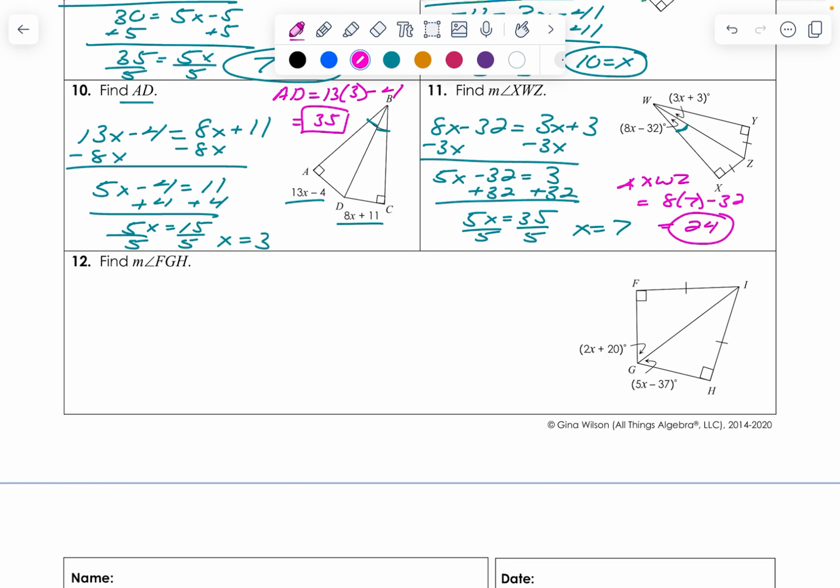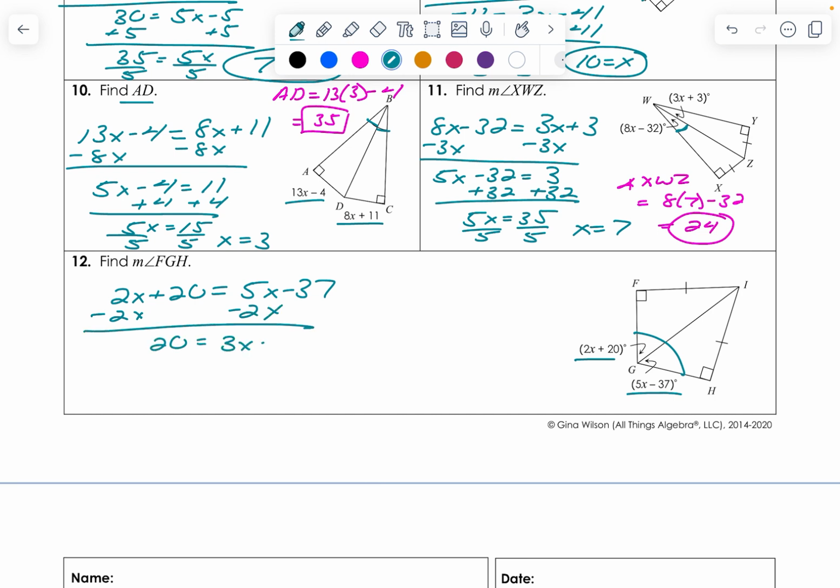And finally, FGH. Oh, we want to figure out this whole thing. But we know that these two are equal to each other because it's on the angle bisector. So 2x plus 20 is equal to 5x minus 37. 20 equals 3x minus 37. 57 equals 3x.